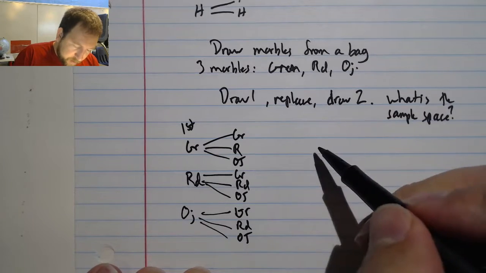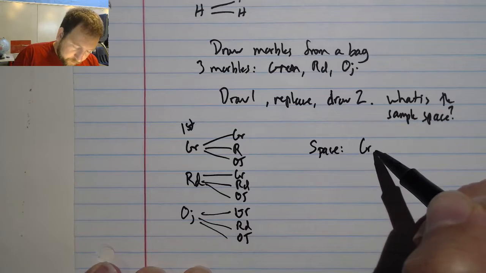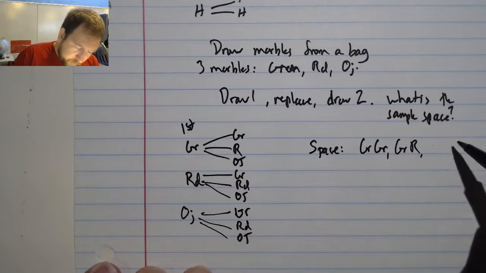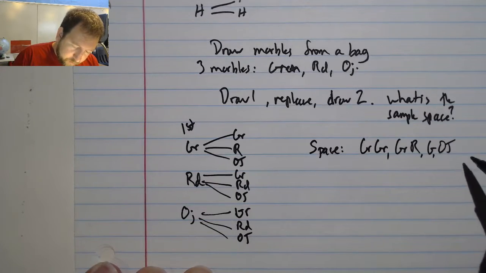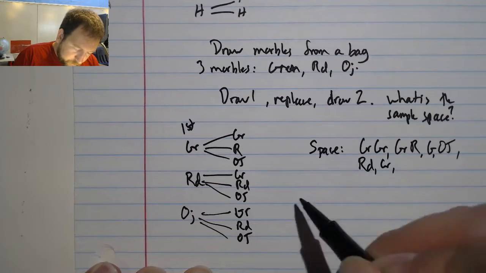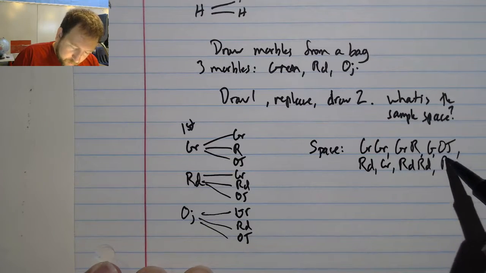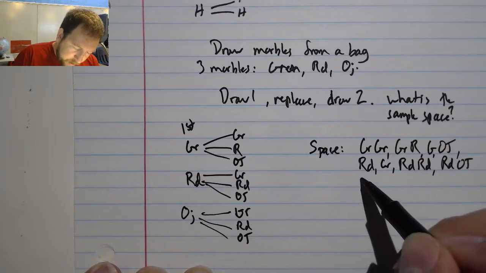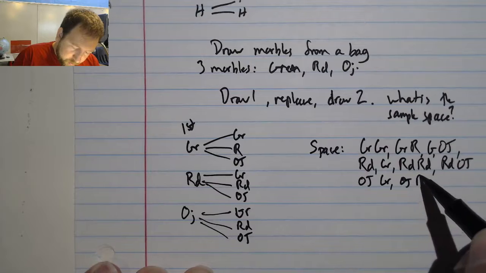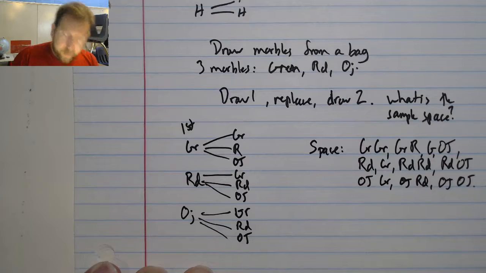So my options in my sample space would be green, green, green, red, green, orange. I could have red, green, red, red, red, orange, and I could have orange, green, orange, red, and orange, orange.